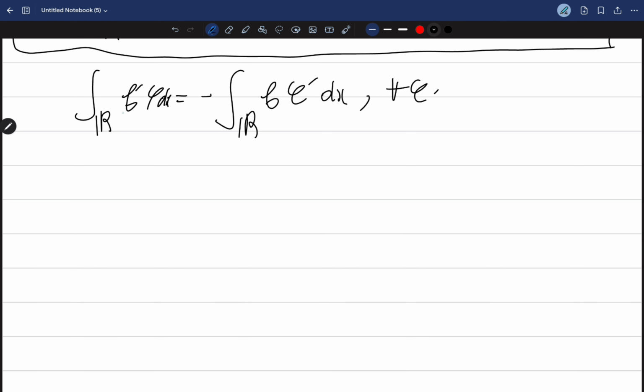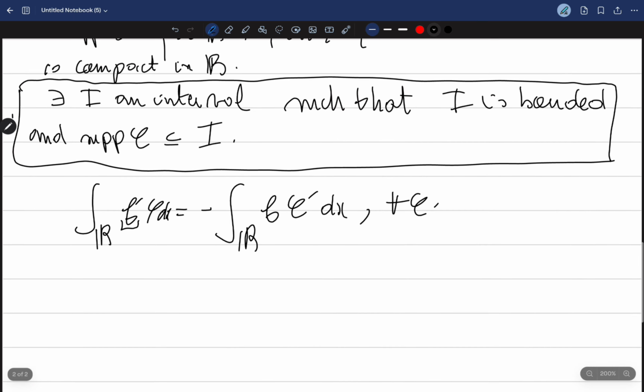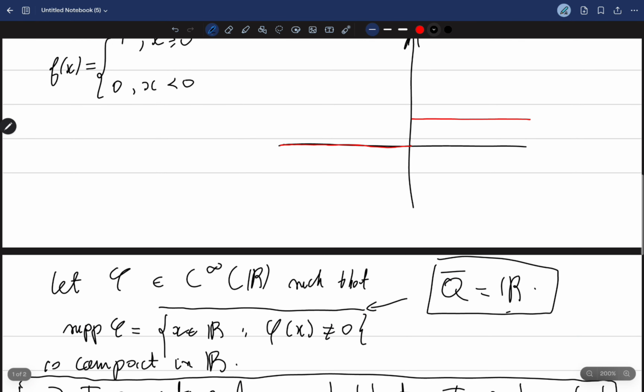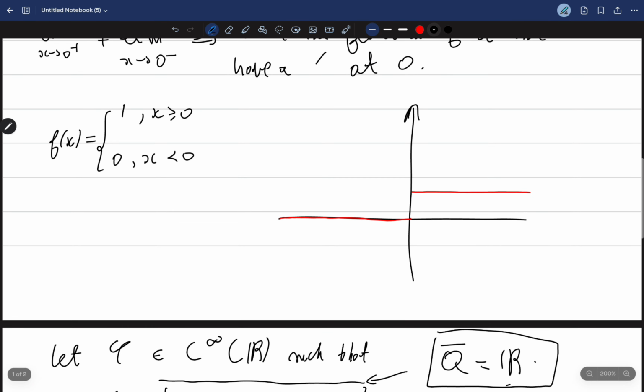So we should find f prime such that if we integrate f prime times phi, we find minus the integral of f phi prime dx. So this is a lot, but let's apply it for this function.